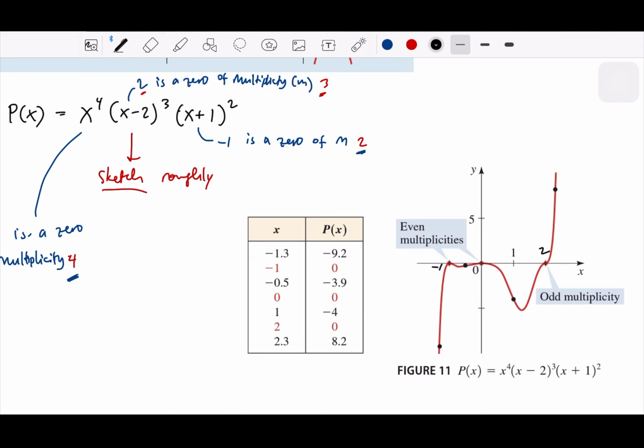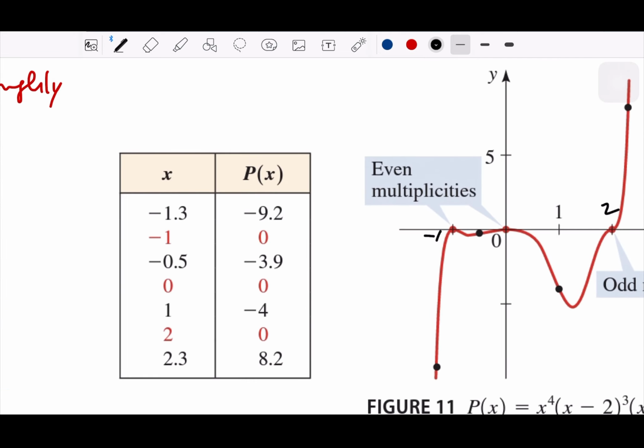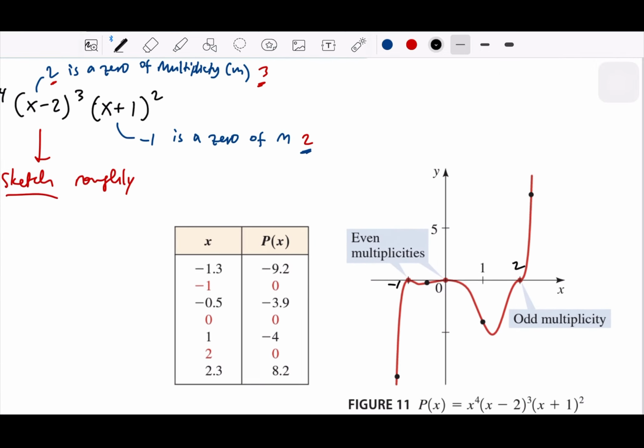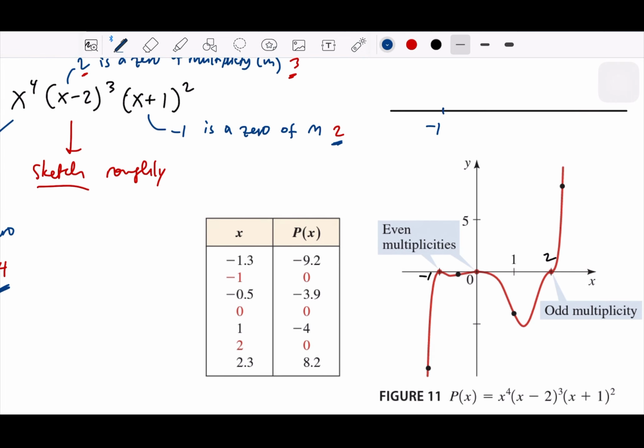Negative 1 and 0 have even multiplicity. As usual, we check all the conditions and all the points. We check the number line at negative 1, 0, and 2. It's negative, still negative going through here, and positive about there.